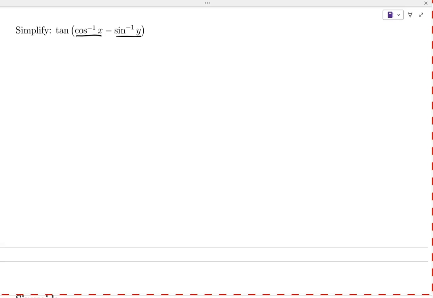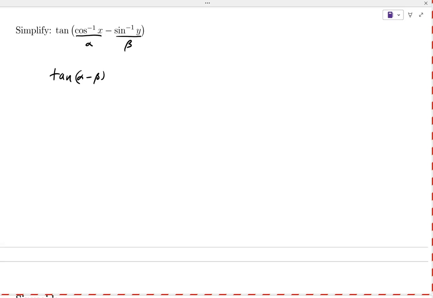So if we call this alpha and we call this beta, how would you rewrite tangent of alpha minus beta? Not worrying about what alpha and beta are to start with, how would we rewrite that to start?